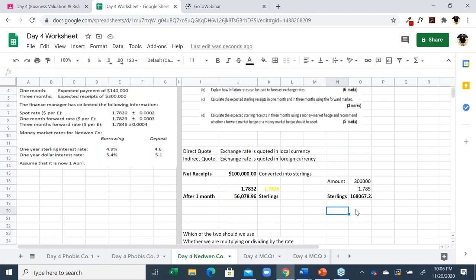Right? Let's move towards the more interesting part. That is, calculate the expected sterling receipts in 3 months using a money market hedge and recommend whether a forward market hedge or a money market hedge should be used. So we have already calculated the amount of sterling that the company is going to get using the forward market.